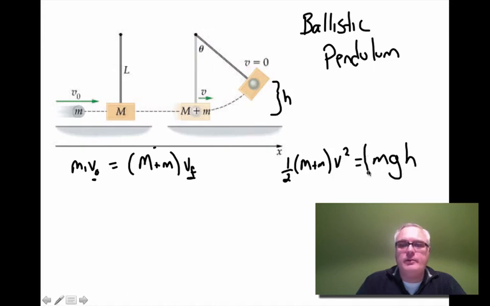Sorry, this is the combined mass. So basically, by measuring the height that the pendulum travels upwards, we can find the velocity that the pendulum started with, and using that velocity, we can find the velocity of the bullet.